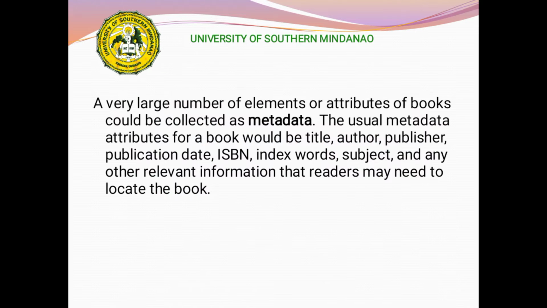And next, a very large number of elements or attributes of books could be collected as metadata. The usual metadata attributes for a book would be title, author, publisher, publication date, ISBN, index words, subject, and any other relevant information that readers may need to locate the book.